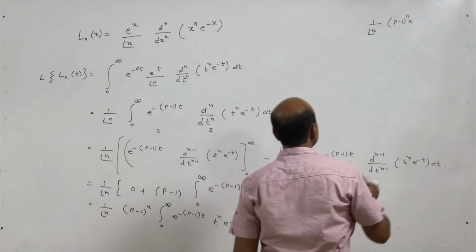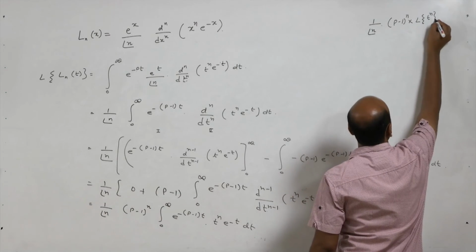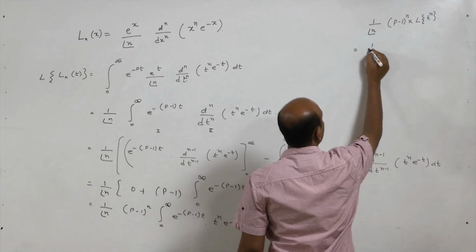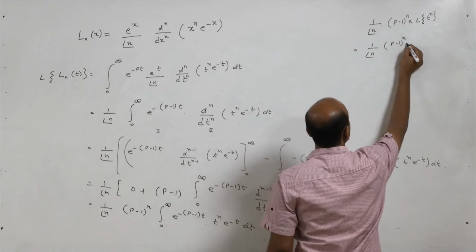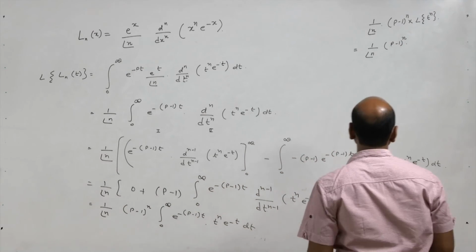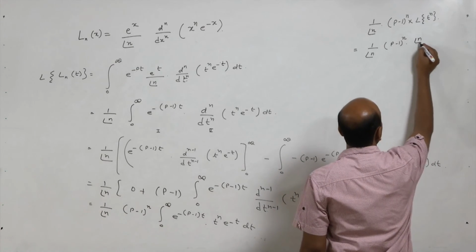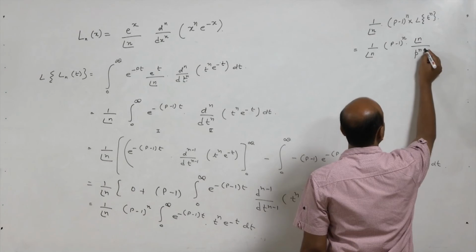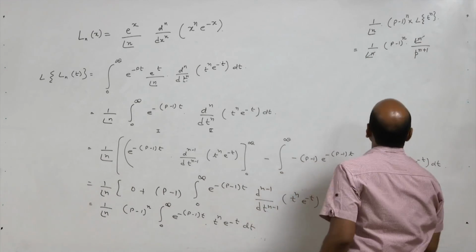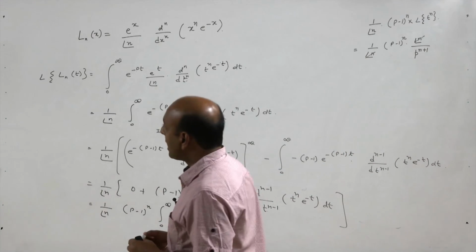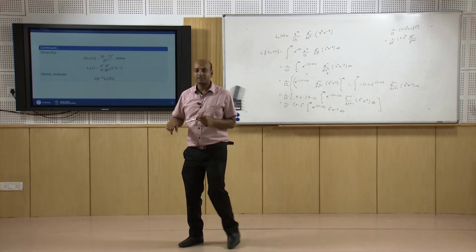So, this will reduce to the Laplace transform of t to the power n, which is 1 by factorial n times p minus 1 to the power n, and the Laplace transform of this is factorial n upon p to the power n plus 1, because n is an integer. So, these two cancel out. Hence we have shown that the Laplace transform of L_n(x) is p minus 1 to the power n upon p to the power n plus 1.